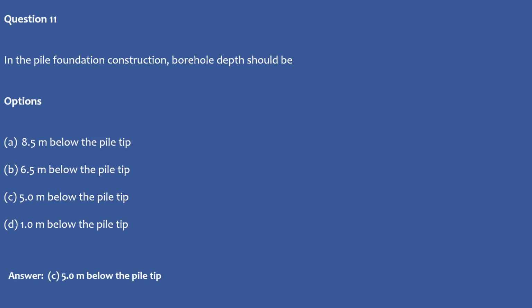Let's check the answer. So the correct answer is option C. It's 5 meter below the tip. So usually for the pile foundation construction depth, your borehole depth at least should be 5 meter below the pile tip.